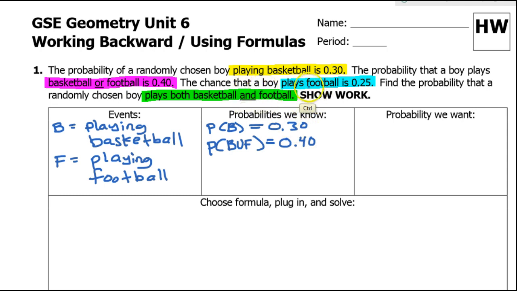The probability of playing football is 0.25, so the probability of F is 0.25. Now, this green probability is the one we want, the probability of basketball and football. So we're looking for the probability of B and F.